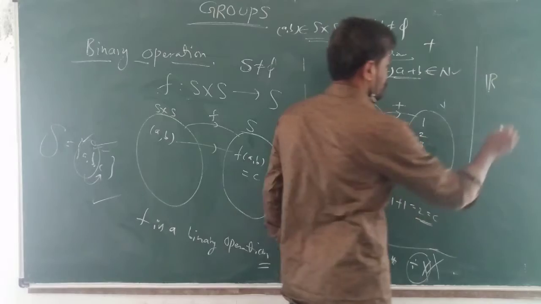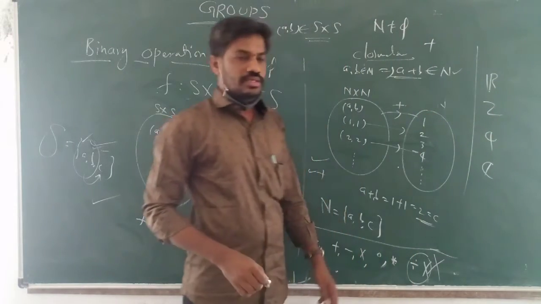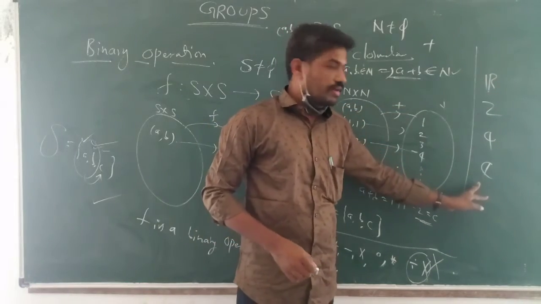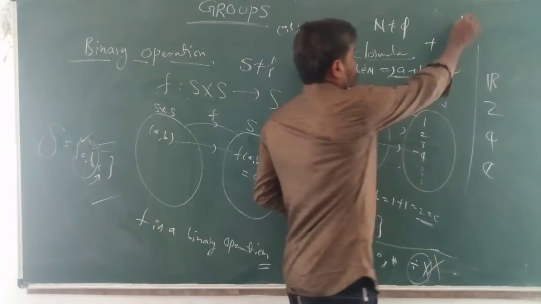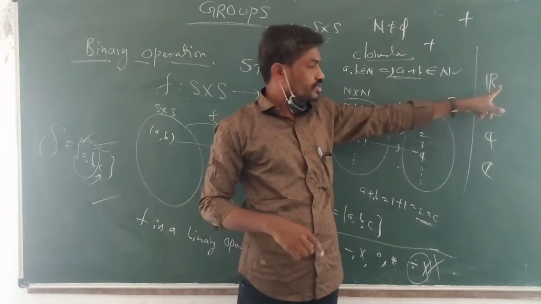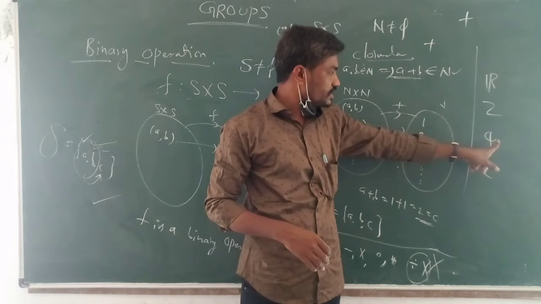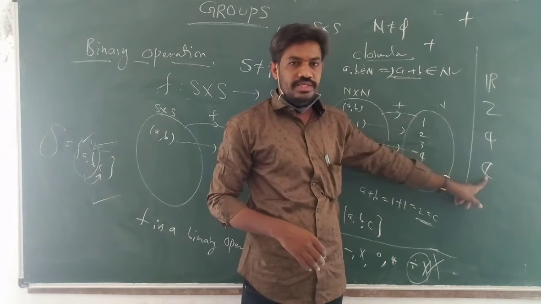Real numbers, integers, rationals, complex numbers: these are also set forms that place a binary operation. Is the binary operation satisfied or not for the sets of real numbers, integers, rationals, complex numbers?